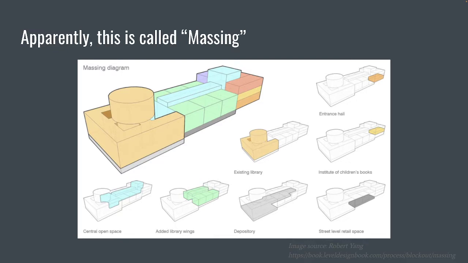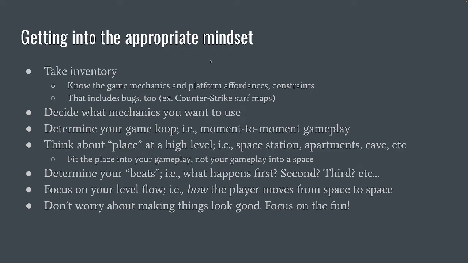But it's funny because I wanted to throw this slide in there because even if you are self-taught and you don't really have any guidance, you can come to a lot of the same conclusions that other people have already come to without even realizing it. And it can be frustrating because it's like, man, had I just known about this resource earlier, I could have saved myself so much more time and heartache and pain, but that's life. So, yeah. So let's talk about getting into the appropriate mindset for making levels for a game.